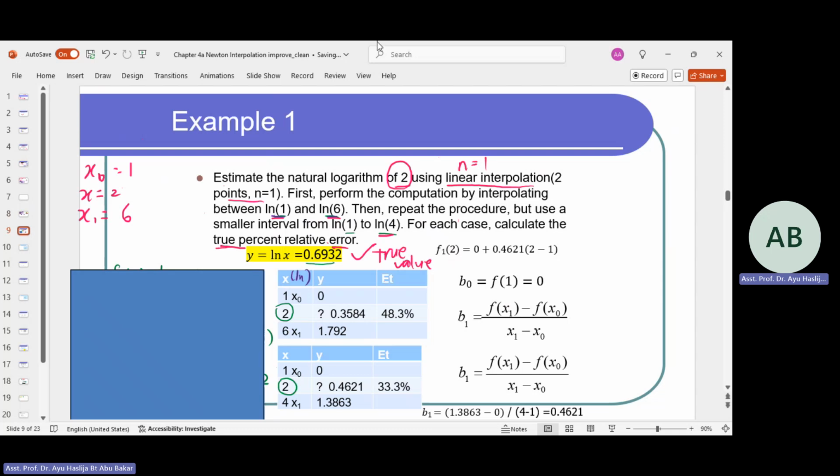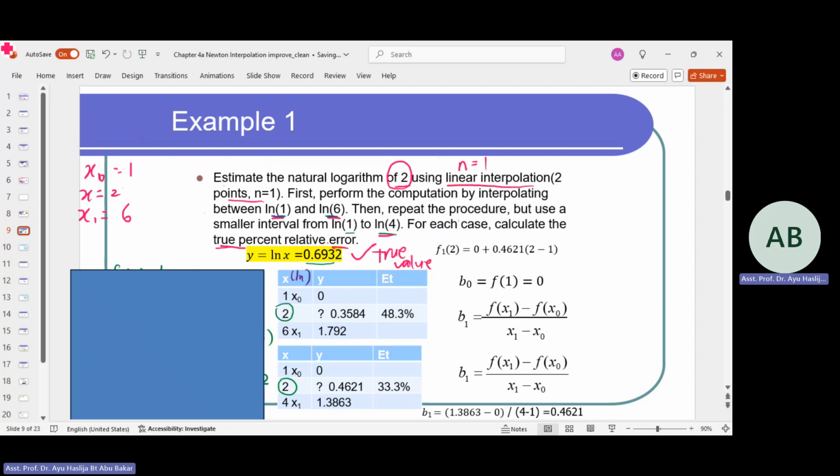I would suggest you do a table like this: data points for X and Y. Your X is 1 and 6, where ln 1, press the calculator, you will get 0. Now ln 2 using n equals 1 order.